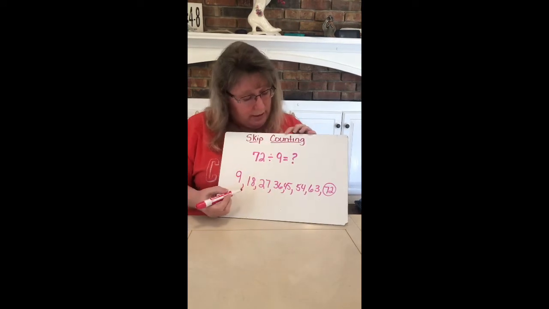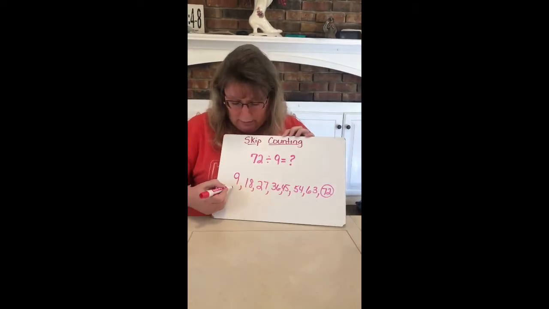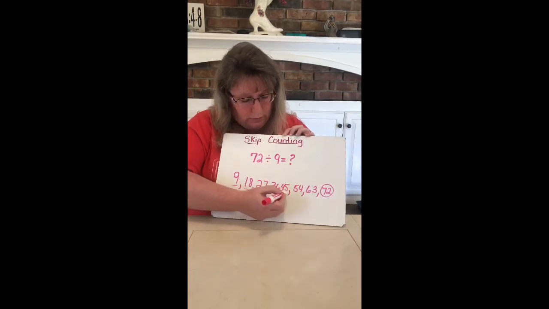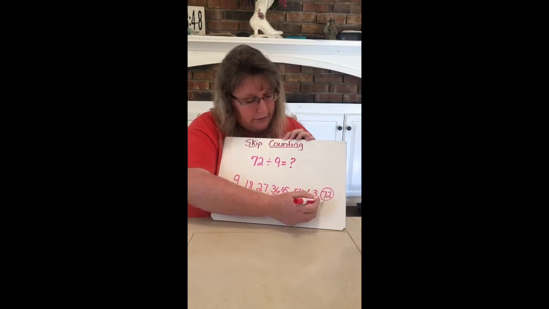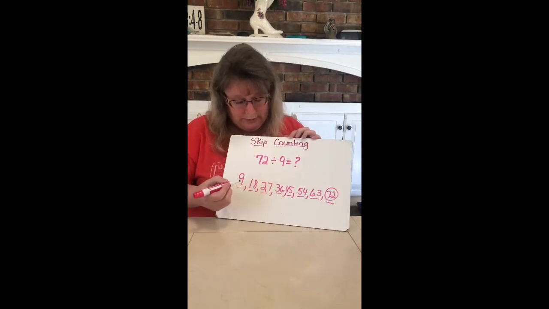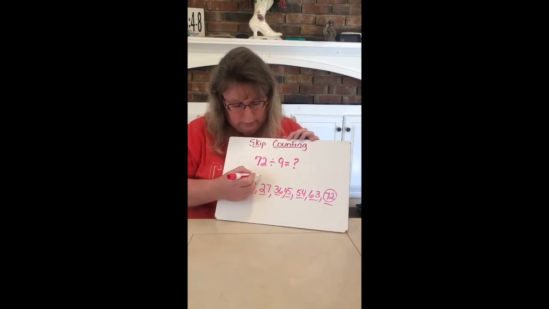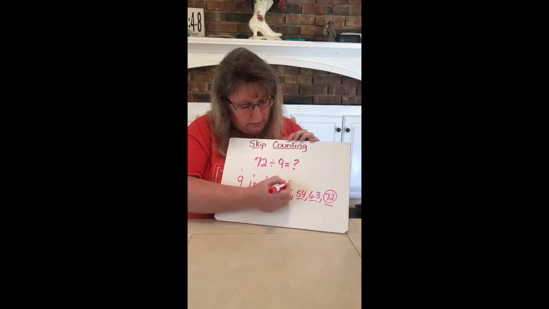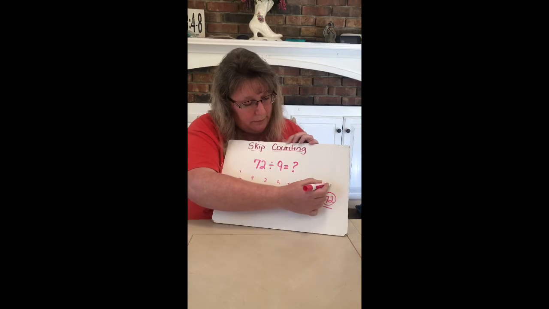So now all we gotta do is count. How many times did we have to count by 9? 1, 2, 3, 4, 5, 6, 7, 8. Or you could have gone up here and do 1, 2, 3, 4, 5, 6, 7, 8.